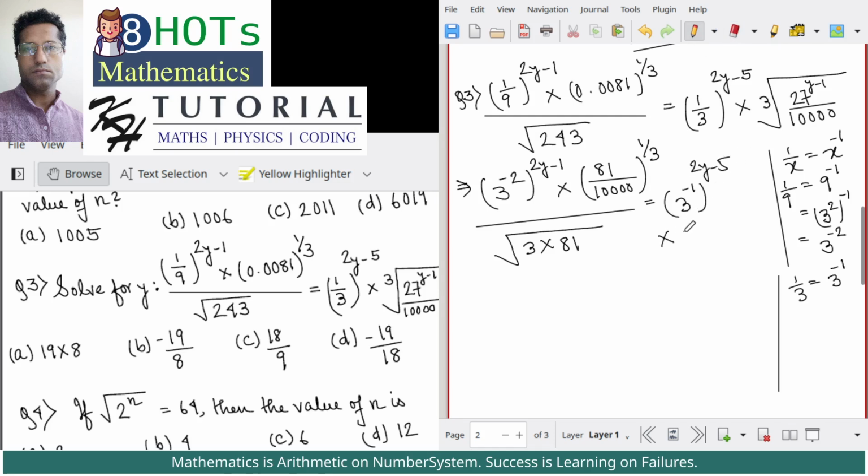And we have multiplied by cube root of 27 raised to the power y minus 1. Now 27 is 3 cube, so we have 3 cube whole raised to the power y minus 1 divided by, what is 10,000?